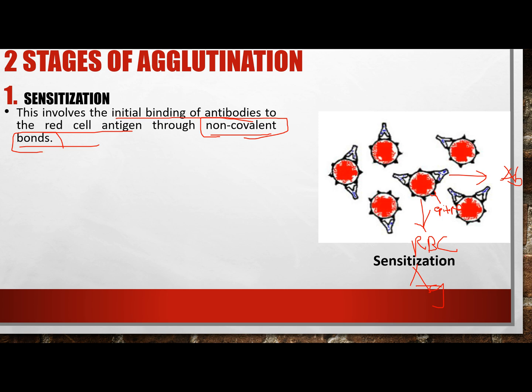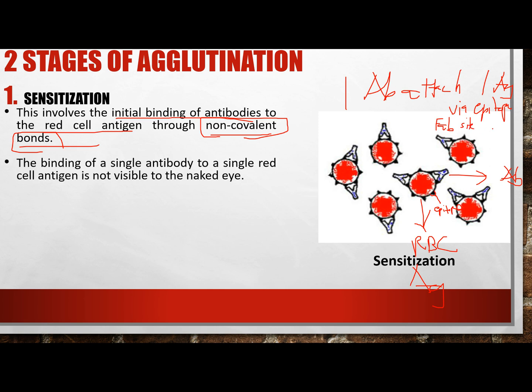So that's sensitization, class, wherein one antibody would attach to one antigen via the epitope found on the antigen. And remember, the part of the antibody that attaches to the epitope is the Fab site or the Fab part.